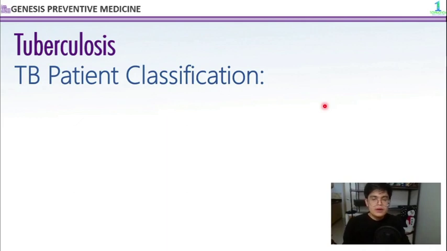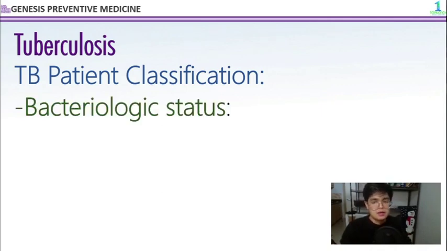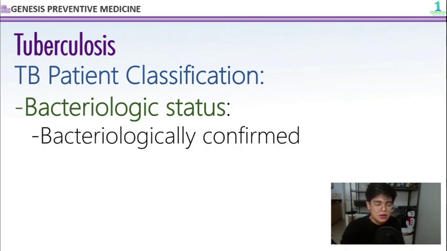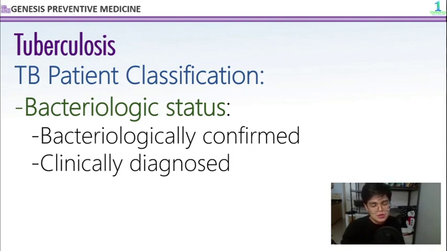Okay, so next, whenever the diagnosis of TB is given, TB patient classification is done. There are many ways to classify TB patients, but according to bacteriologic status, we have bacteriologically confirmed and clinically diagnosed. This is kind of self-explanatory. Whenever a patient is started on treatment for TB based on clinical symptoms only, history, PE, whatnot, they are categorized as clinically diagnosed.